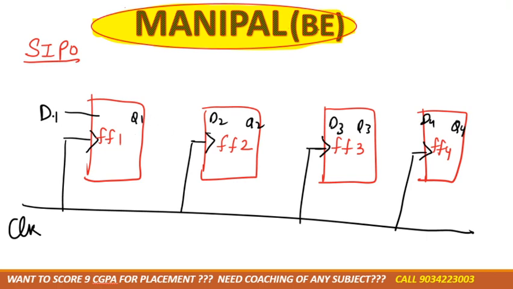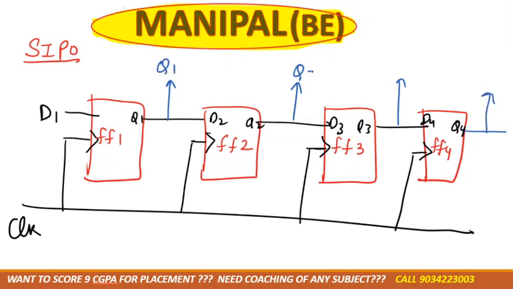But the input we are giving like this, serial in, right? To connect it, if it is serial in, connect the output Q1 with D2, Q2 with D3, Q3 with D4. Then we need to get parallel out. So parallel out is how much, Q1 Q2 Q3 Q4.